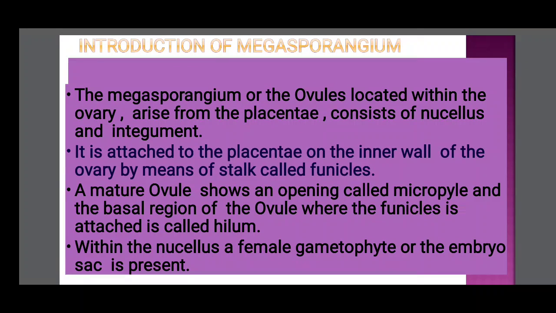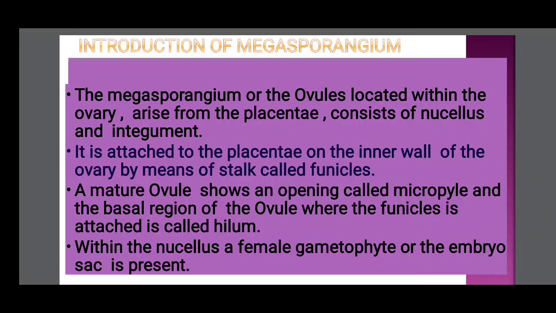What are the parts of the ovule? Nucellus and integuments. So ovules have only two parts, the nucellus and the integument. Initially, it is attached to the placenta on the inner wall of the ovary by means of a stalk called the funicle.